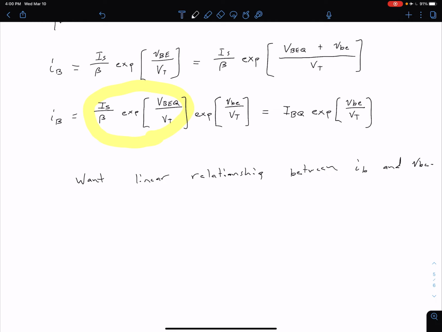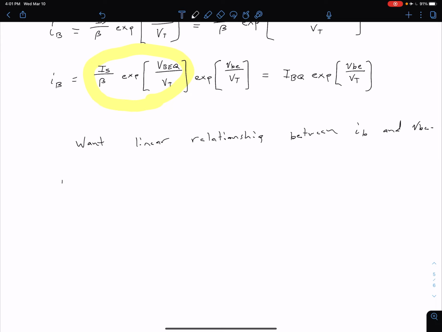Of course, we can't change the properties of that. We can't magically make it linear instead of an exponential relationship. But what we can do is approximate. We can linearize that and approximate a linear relationship under certain conditions.